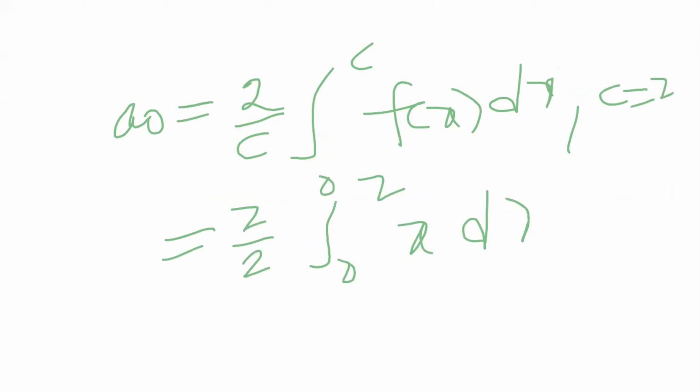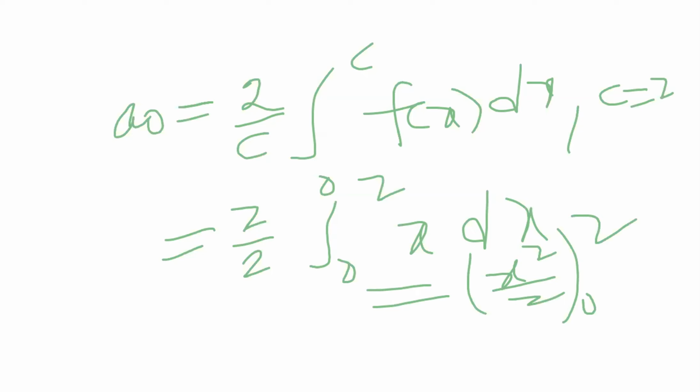In the given problem f of x equal to x. So the 2s cancel, and the integral of x is x square by 2.